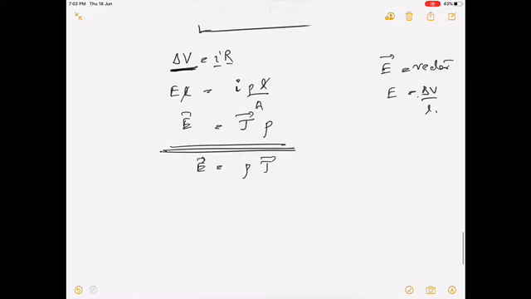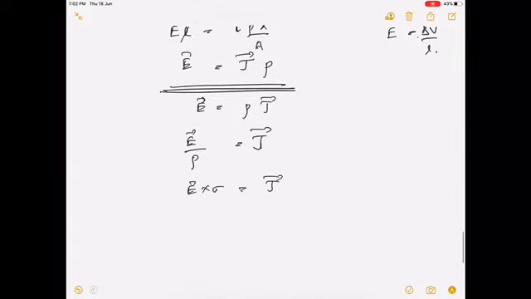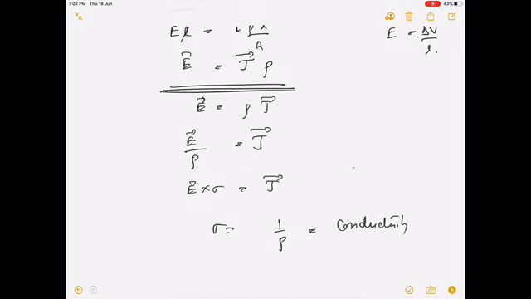Electric field is equal to rho times current density, or in other form also you can write J is equal to E upon rho, or you can say E into sigma is equal to J. What is sigma? Sigma is 1 upon rho, or you can say it is conductivity.